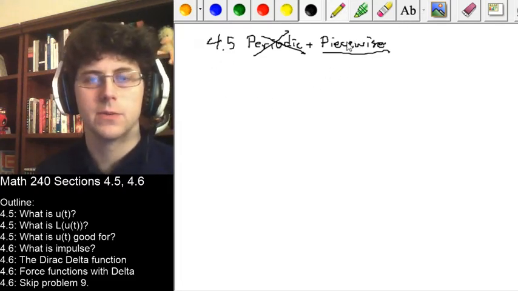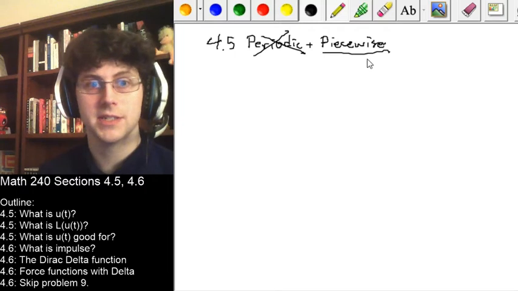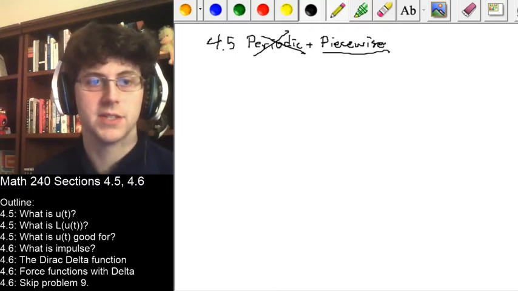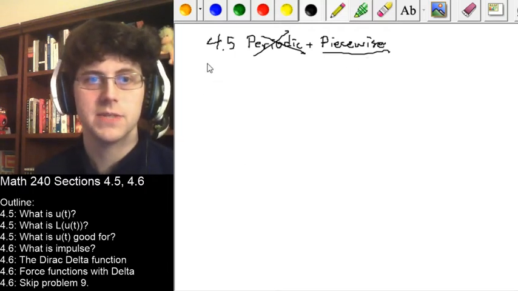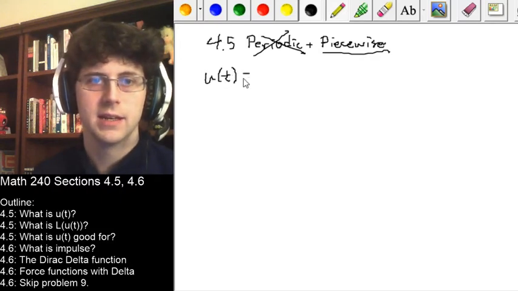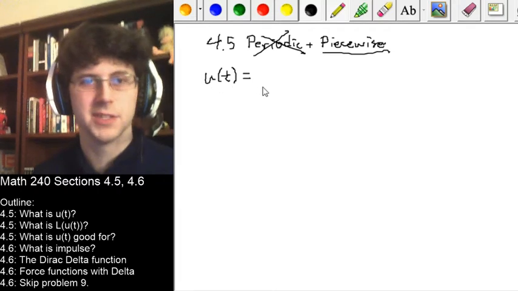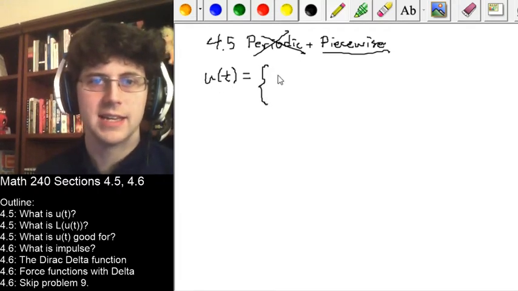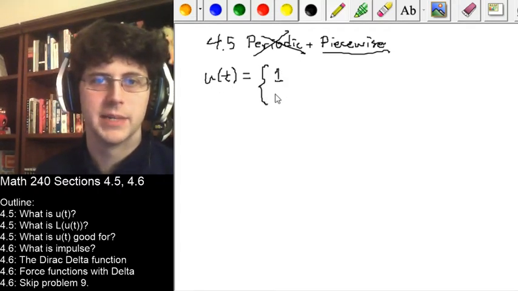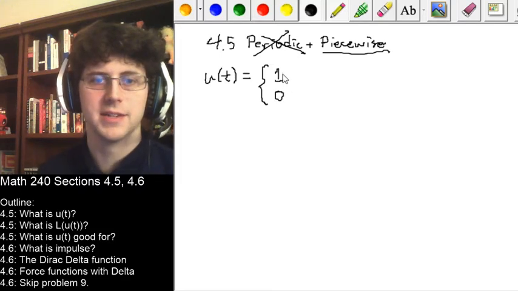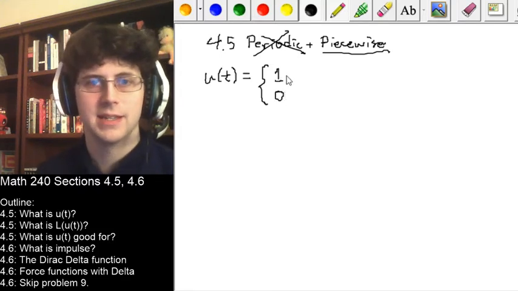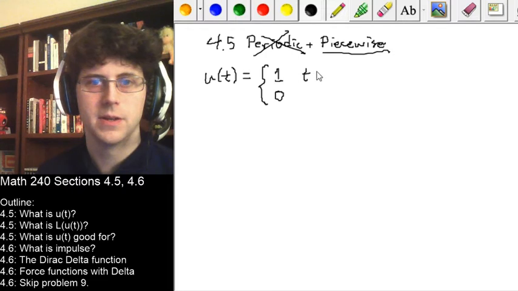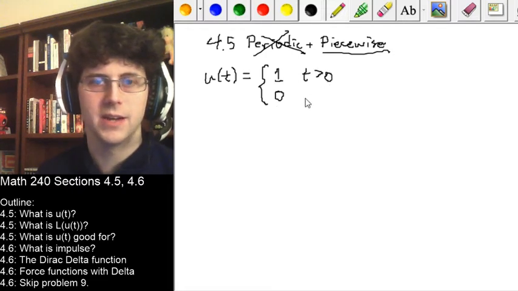Okay, so the main way we're going to deal with piecewise functions in this class is with this function u of t. So u of t is this very specific function. U is not a number. U is like the name of a function. It's like an on-off switch, but it's always either just on or just off. It's on starting at t equals 0, and it's off when t is less than 0.